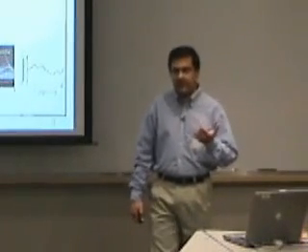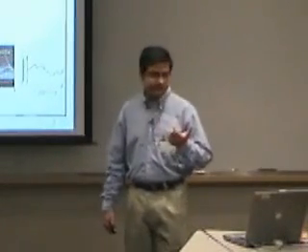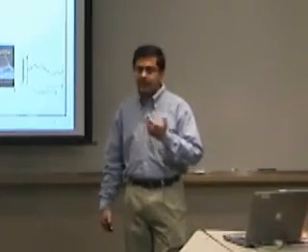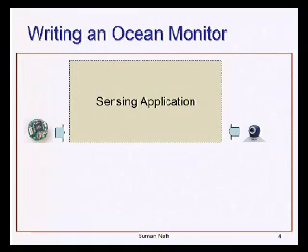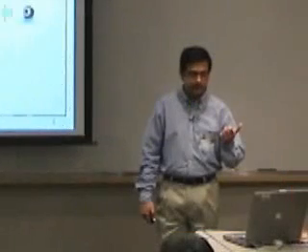The same sensing application can use different types of sensors. For example, the ocean monitor can also use motes to sense the temperature of the water so that scientists can correlate the temperature with the other events. Those sensors are becoming more and more ubiquitous nowadays.